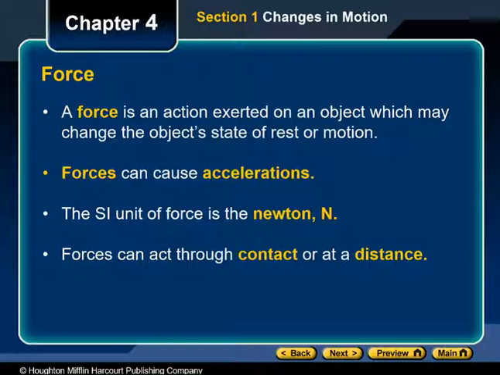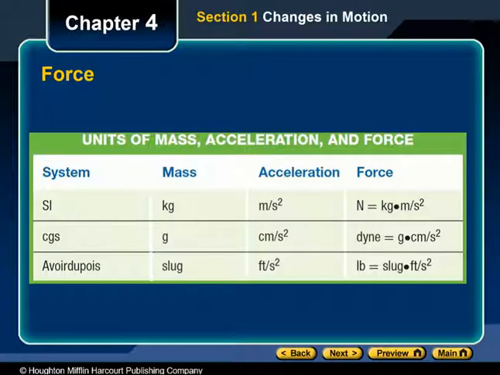The weight of an object is a measure of the magnitude of the gravitational force exerted on the object. It is a result of the interaction of an object's mass with the gravitational field of another object, such as Earth. As is shown in Figure 1.2 on the screen now, many of the terms and units you use every day to talk about weight are really units of force that can be converted to newtons.